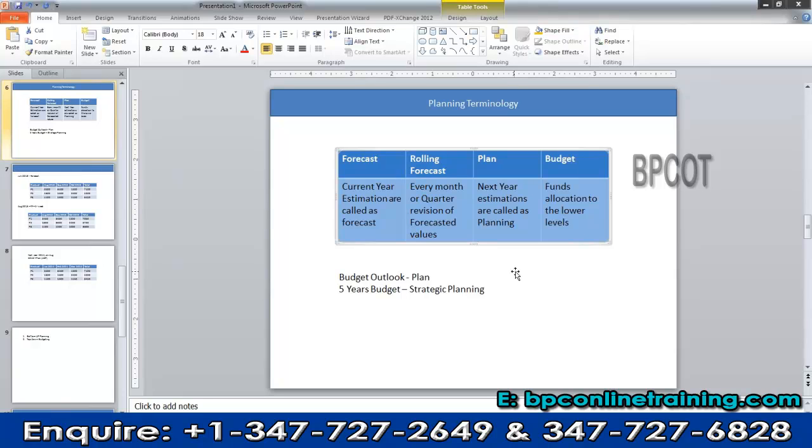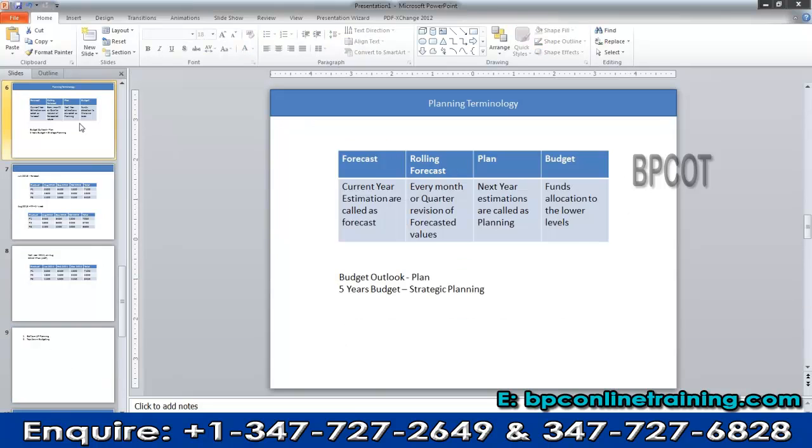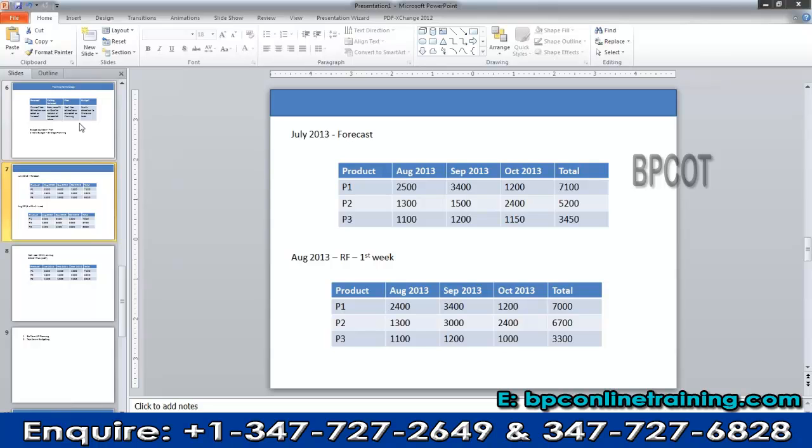We are going to estimate my next year cost or revenue. Five years budget is equivalent to strategic planning. When they are saying budget, it is not actually budget, it's a plan. If you know this basic terminology, then you can understand easily.